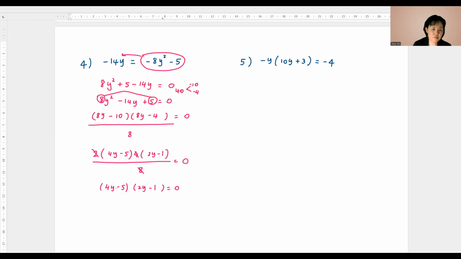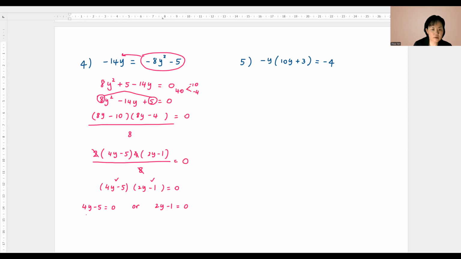Now, this means this factor can be 0, or this factor can be 0, because one of them has to be 0. When you multiply, the whole thing will be 0. So 4y minus 5 equals 0, or 2y minus 1 equals 0. There are two possibilities.